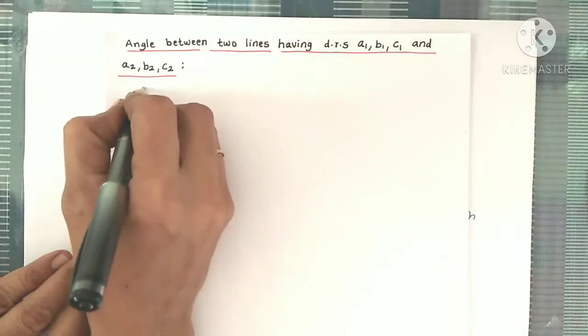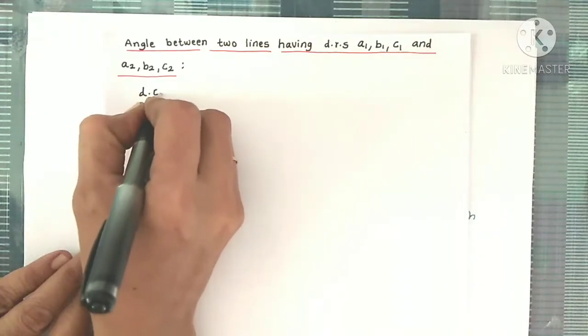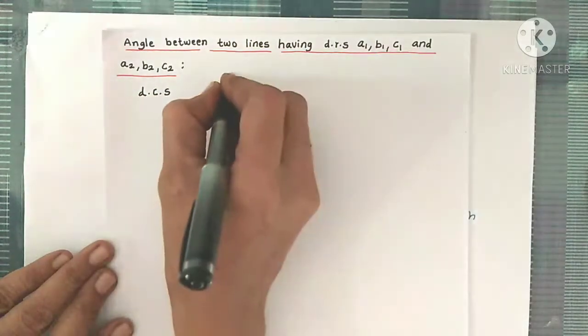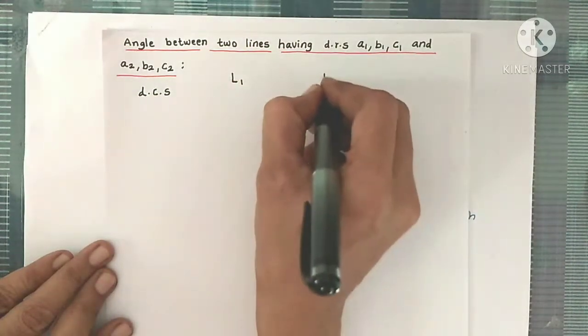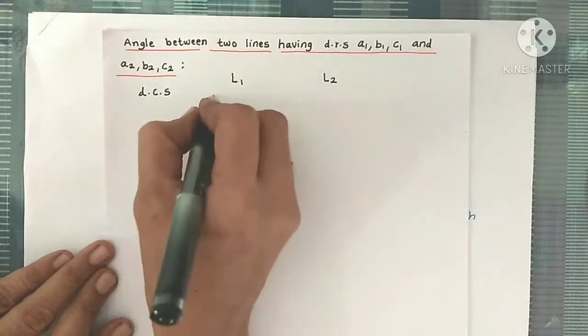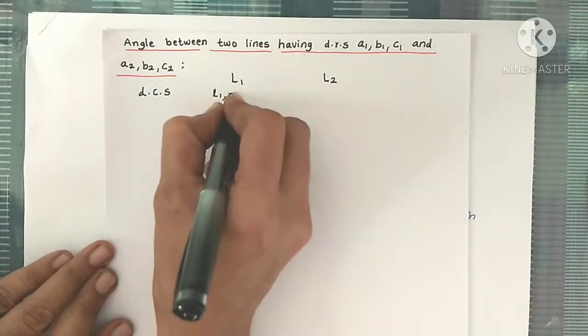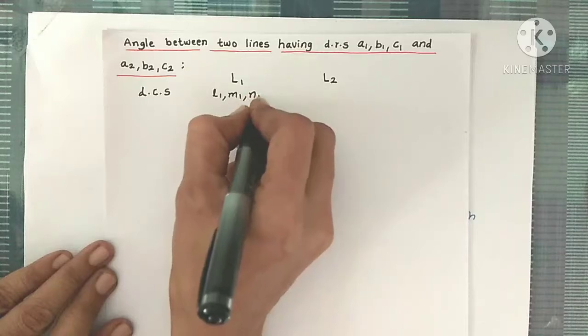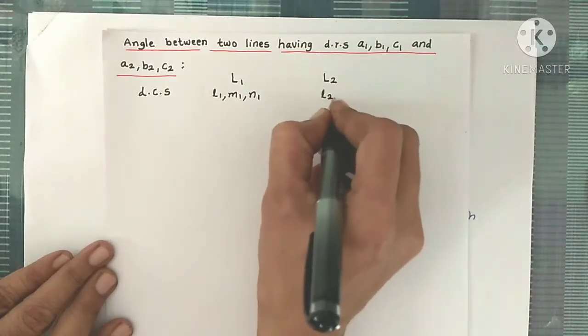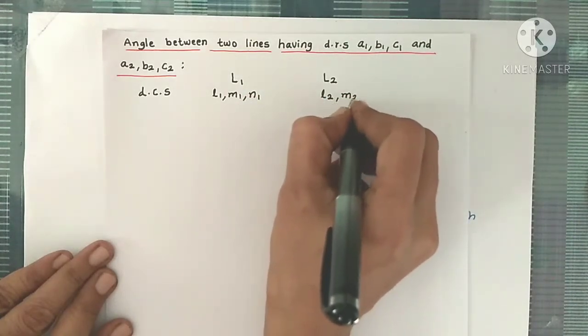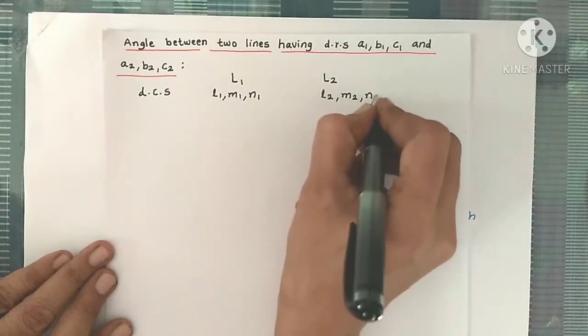First of all, let's consider the direction cosines of two lines, say capital L1 and capital L2, as L1, M1, N1 and L2, M2, N2.